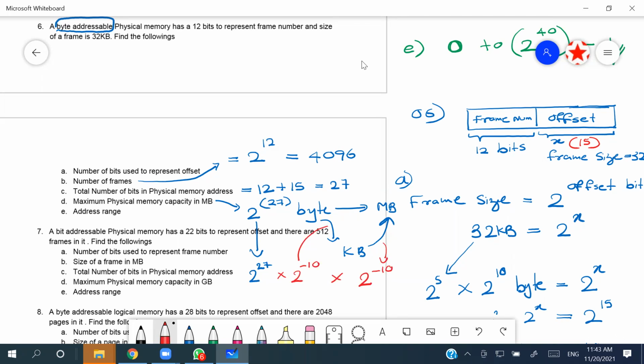That gives us the answer 2 to the power 7, because 2 to the power minus 20 times 2 to the power positive 27 is in MB, which gives you 128 MB as your answer. The very last one, the address range, is going to be 0 to 2 to the power 27 minus 1.